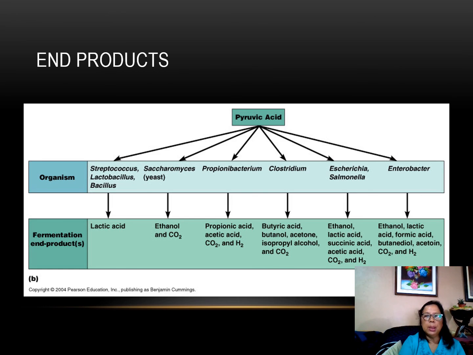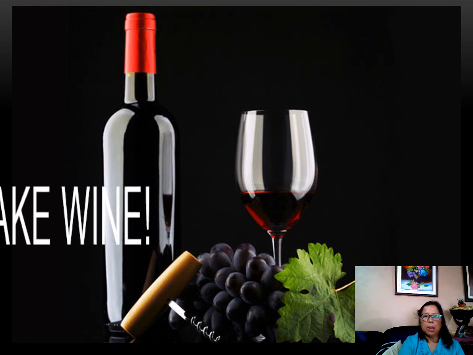And then for the case of Escherichia coli, it is found as an enteric organism, and these are the possible byproducts. But these are not, of course, commercially used, but rather the presence of this implies the presence of GIT infection. And the same is true with the case of Enterobacter, other Enterobacter.